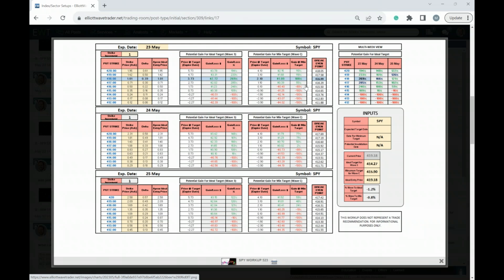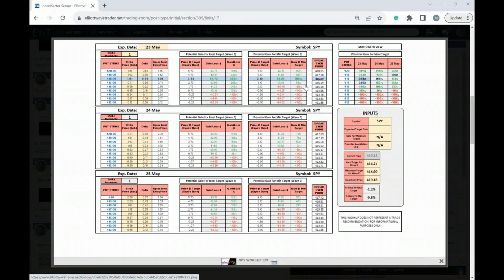So the minimum target's important because I want to have a very high probability minimum target. When you have an EW setup, when that setup triggers, when it confirms, that minimum target is almost always hit. If the setup triggers, you're going to hit that minimum target 80, 90% of the time.